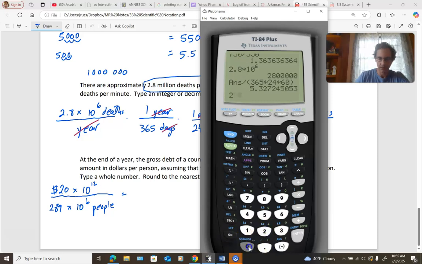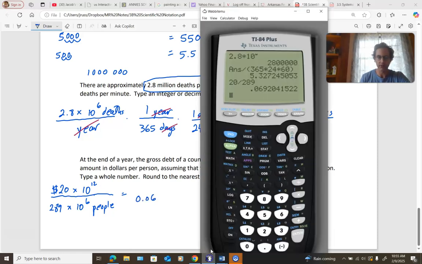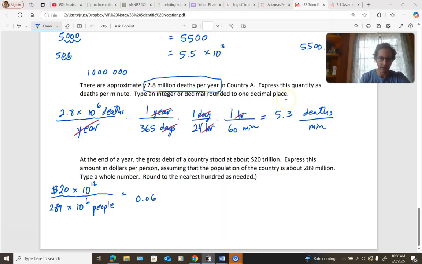I'm going to say 20 divided by 289. Now this is going to give me a decimal. And I'll carry this out. I'm just going to write 0.06, 920415. I'll carry out to a few decimal places, and I'll do my rounding at the very end.